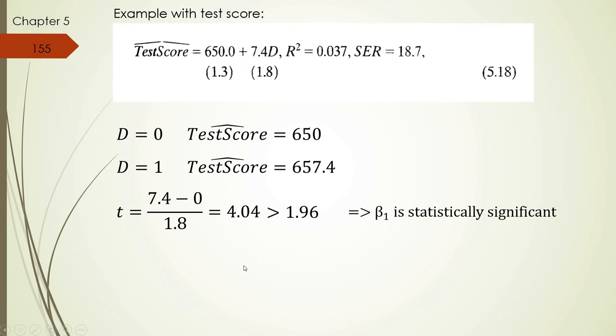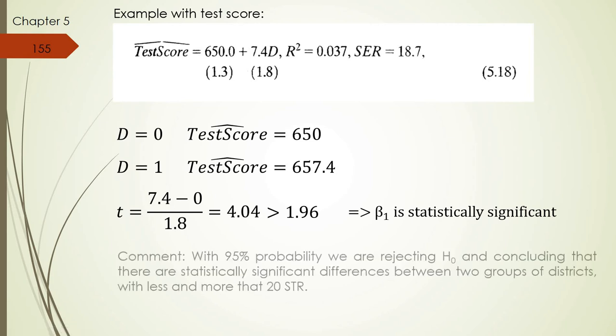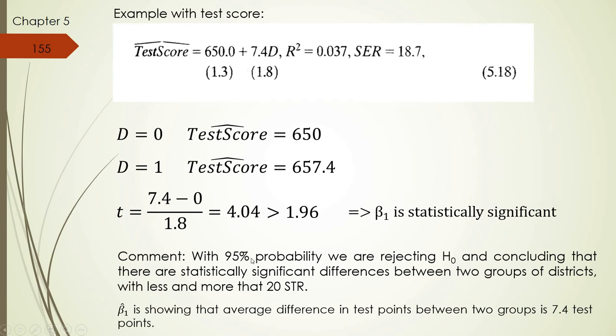So there is really a statistically significant difference in the population when it comes to test score between these two groups, with less and more than a student-teacher ratio of 20. So, with 95% probability, we are rejecting the null and concluding that there are statistically significant differences between the two groups of districts with less and more than 20 student-teacher ratio. Beta 1, 7.4, is showing that the average difference in test points between the two groups is 7.4 test points.